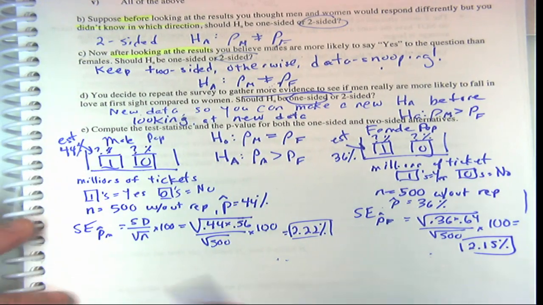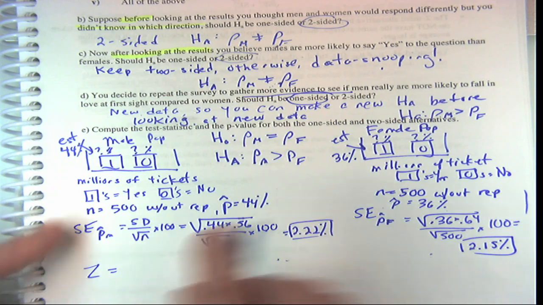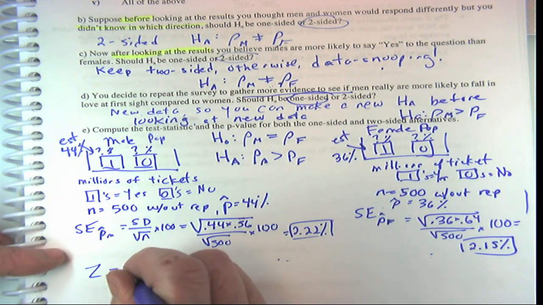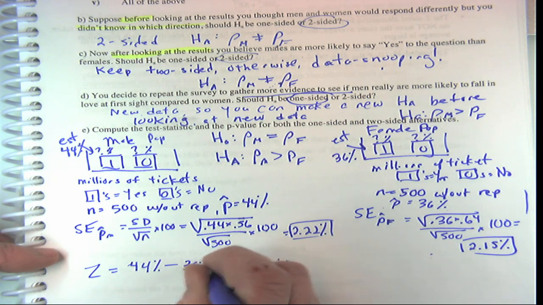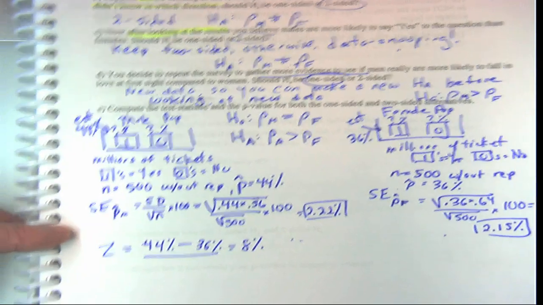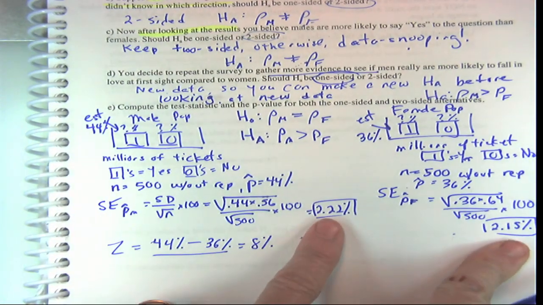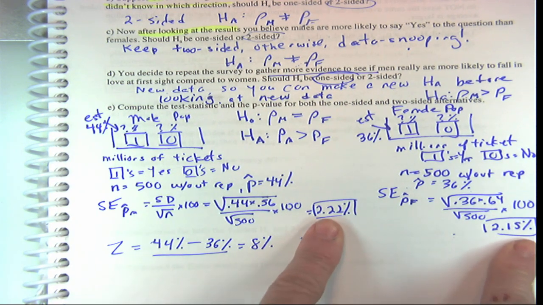And now what are we going to do? We're just going to do z. By now we know it's the difference between these two: 44% minus 36%. So that's an 8% difference, but we don't know how big or small it is until we compare it to these. So we're going to combine them, and we expect to get something bigger than the bigger one, but smaller than the sum of them together.